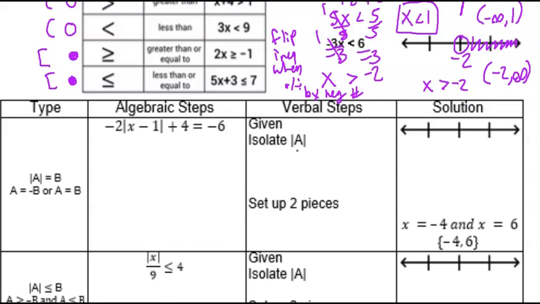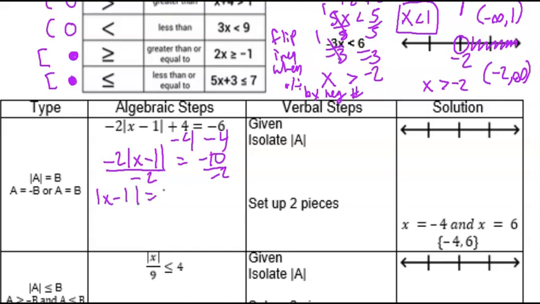The first thing you want to do is isolate the absolute value. To do that, we'll subtract 4 from each side. And then divide by negative 2. So we have the absolute value of x minus 1 equals 5.